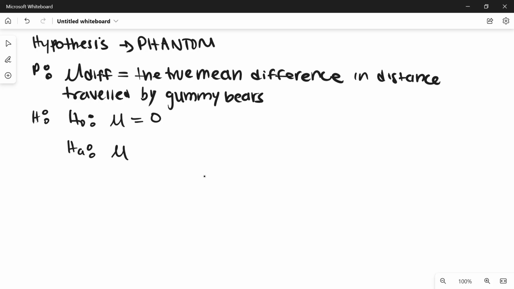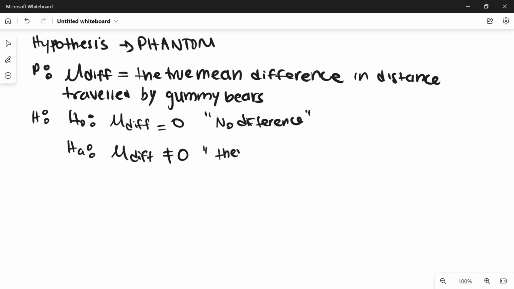My alternative hypothesis is that mu diff is not 0. The first is saying there is no difference. This is saying there is a difference.